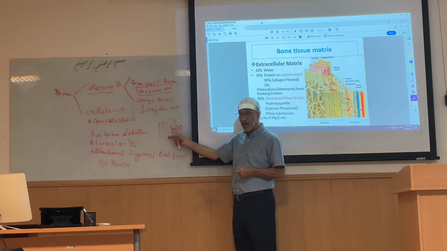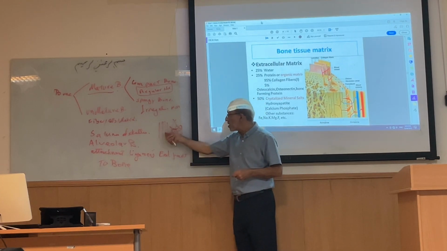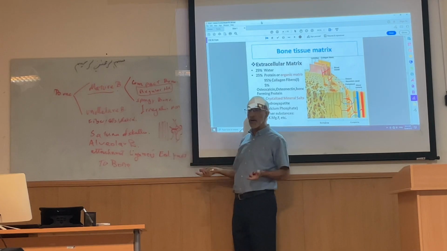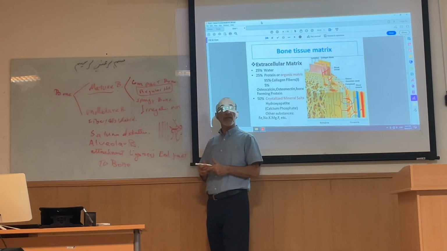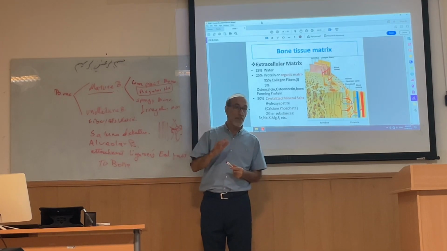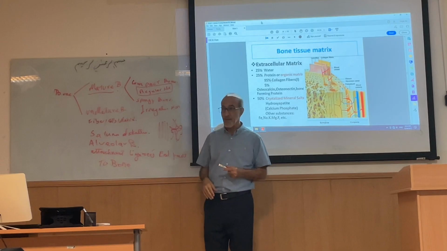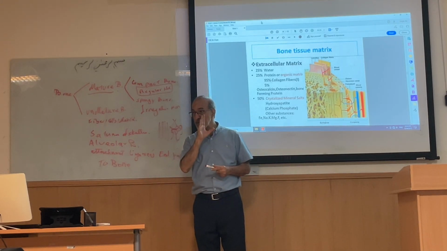This is compact bone. This is spongy bone. Spongy bone has an irregular Haversian system. Compact bone has a regular Haversian system. Very good.